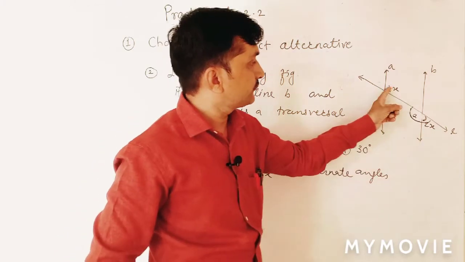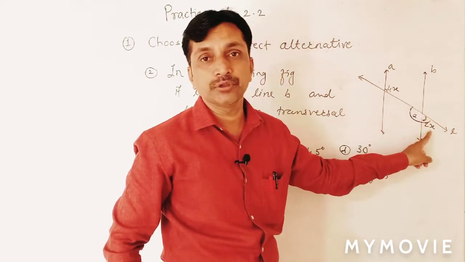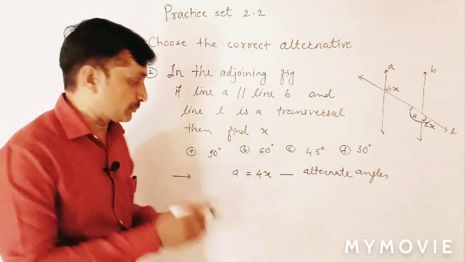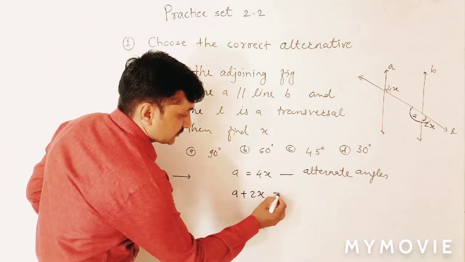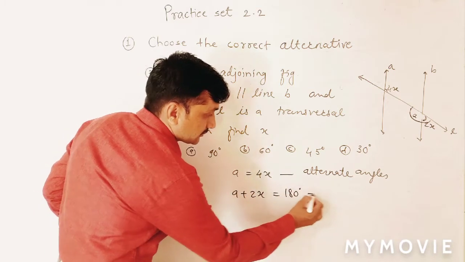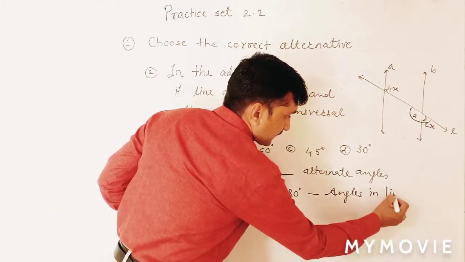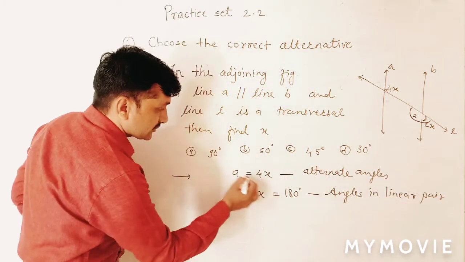Or if you want to take this, that will be corresponding, and this and this are also linear pair angles. Now these are linear pair, which means they are supplementary, so we can write A plus 2x is equal to 180. They are angles in linear pair, and A is equal to 4x.